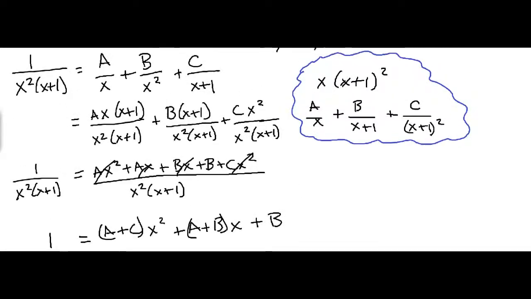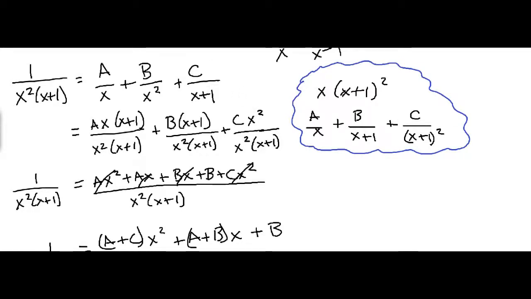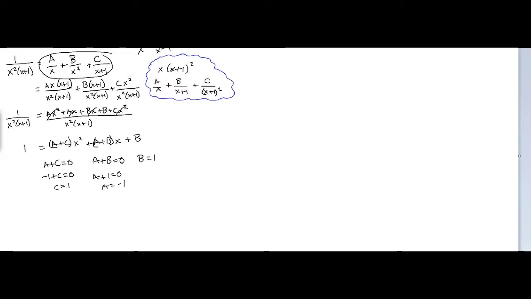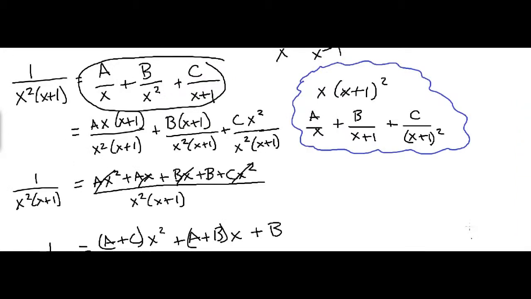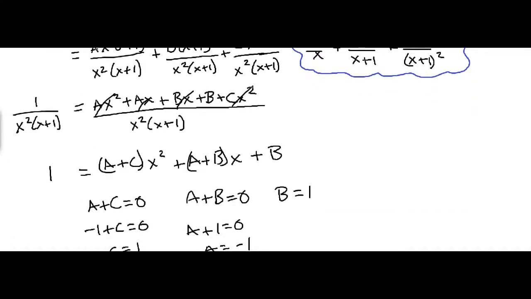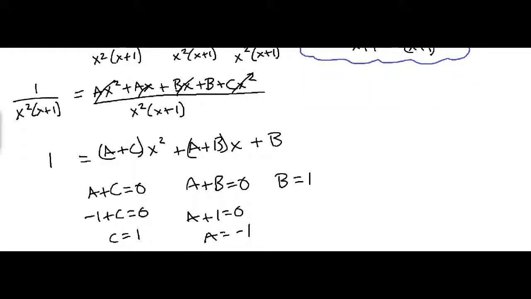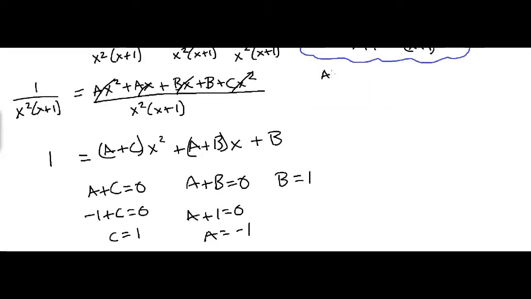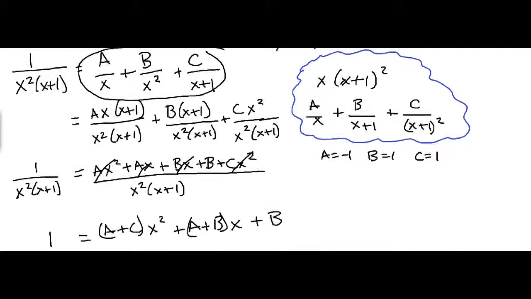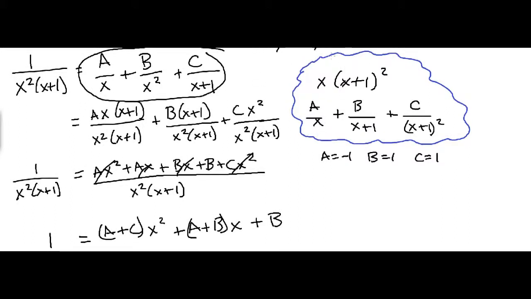Now we're going to plug that into the part up above. I'll rewrite this so I can see: a equals minus 1, b equals 1, and c equals 1. Scrolling up, now I'm going to plug those in.